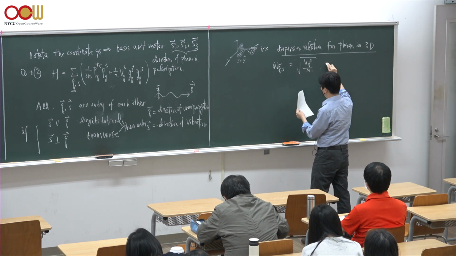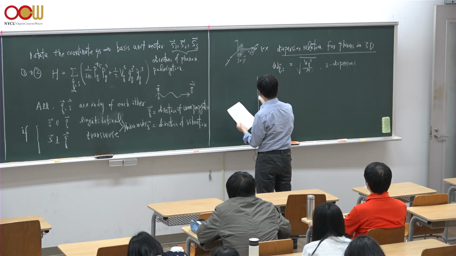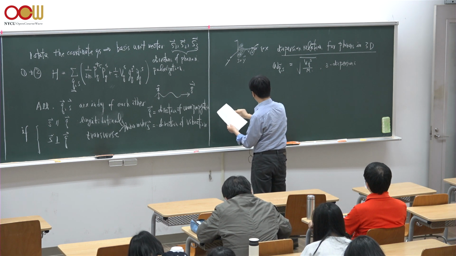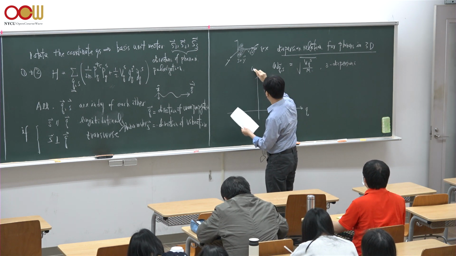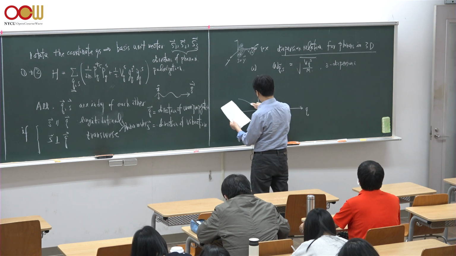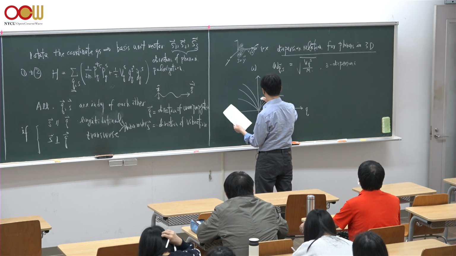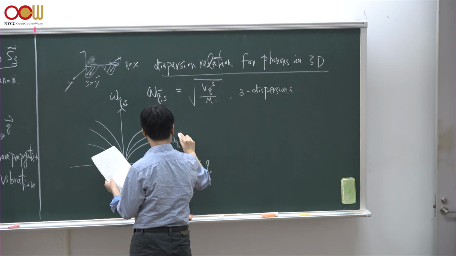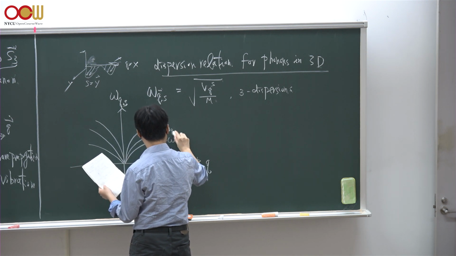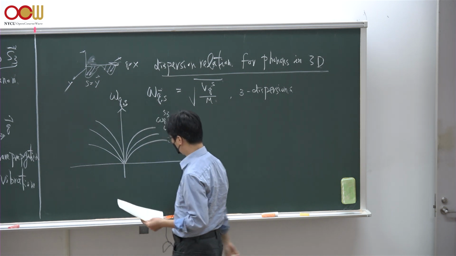You got three dispersions. And we know that the matrix element can be different. As a result, you can expect that you have three different dispersions like this. So suppose this is omega q s1, this is omega q s2, and this is omega q s3.